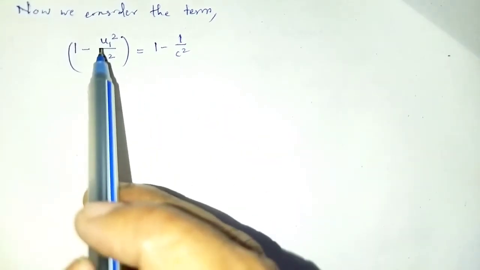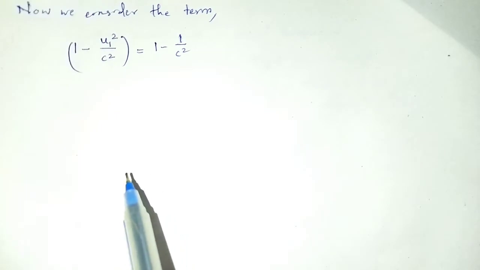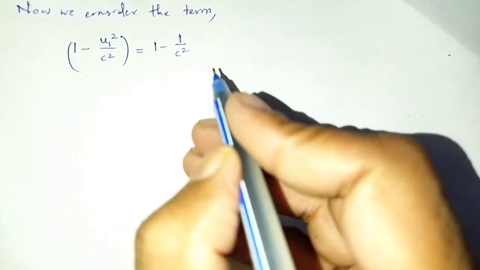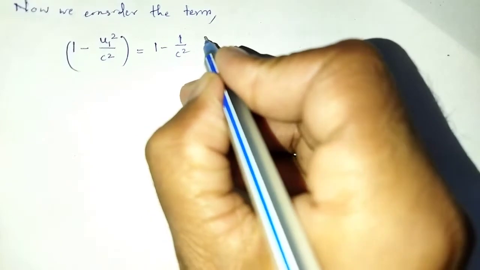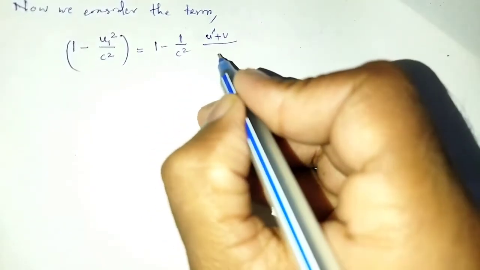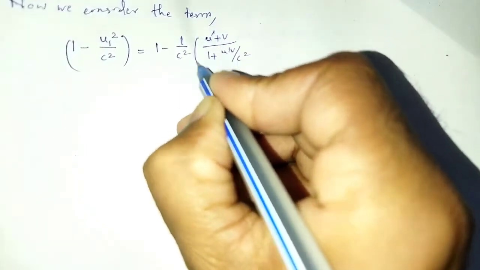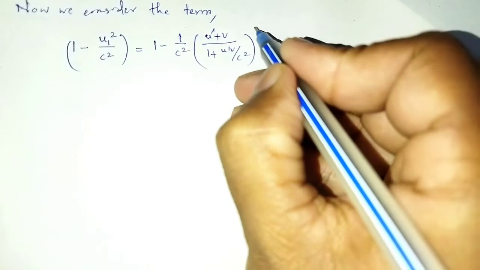Why we consider that particular term, you can know after the result. c square, that is u' plus v divided by 1 plus u'v divided by c square, whole square.